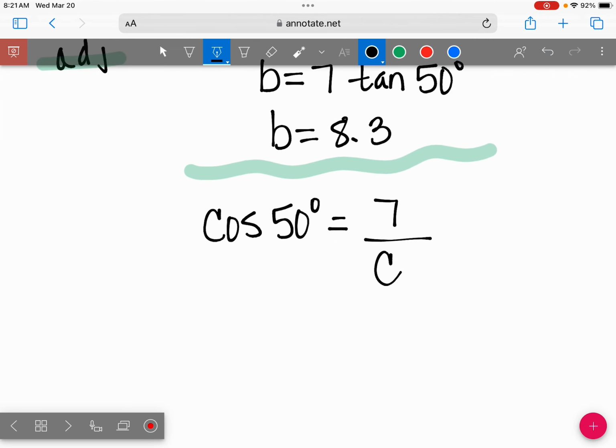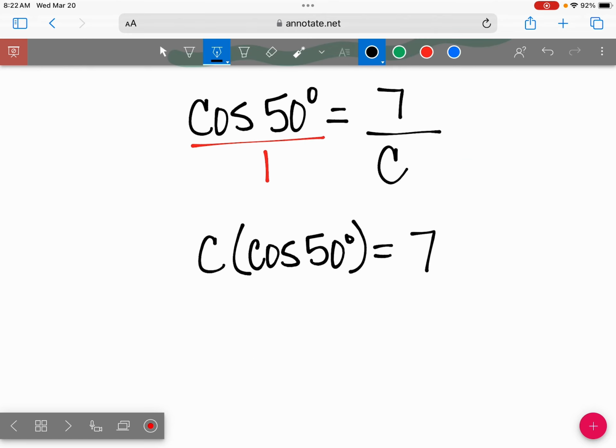Go ahead and cross multiply it. So we have C times the cosine of 50 degrees equals 1 times 7. Divide both sides by the cosine of 50 degrees. So C equals 7 divided by cosine 50. Go ahead, type that in your calculator.